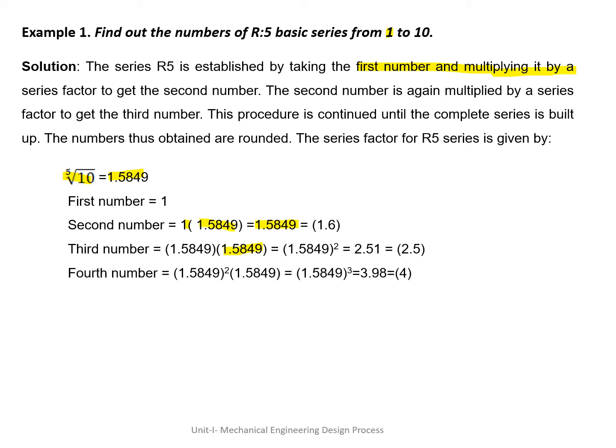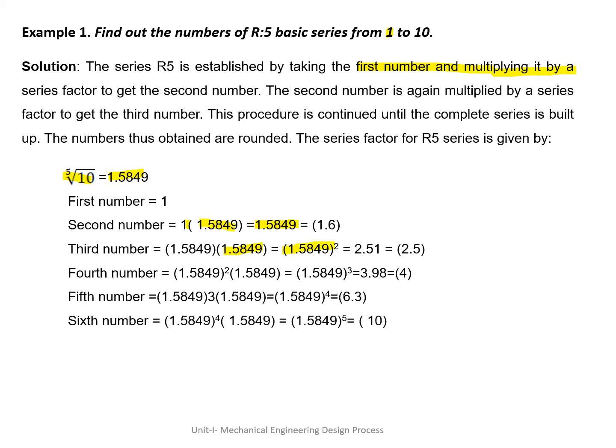In the same way, the fourth number comes from the third number multiplied by the series factor. Similarly you will get all the numbers, and this is how we get 10. This is actually the cube.